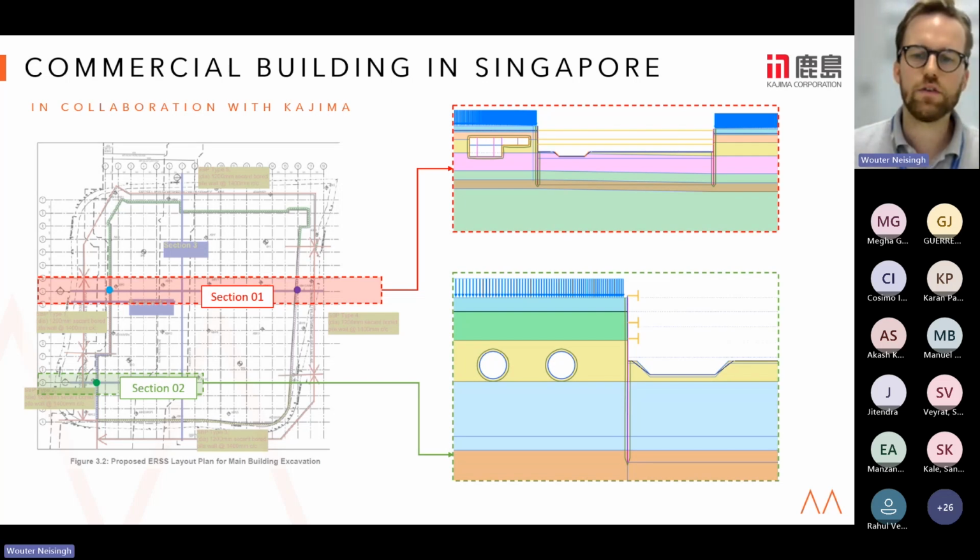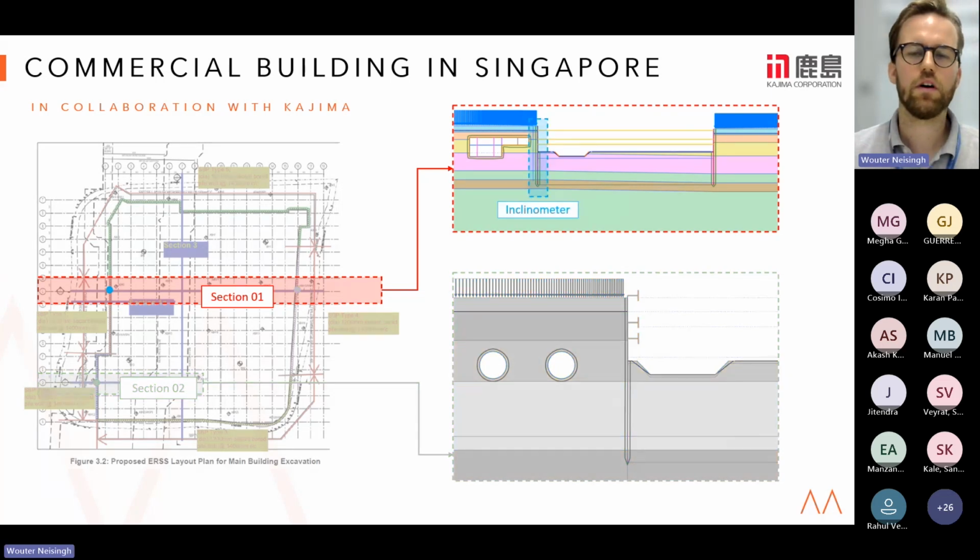At the left side, you see a top-down view of the construction and excavation site with the two sections in more detail. On the top right, you see section 1. The left part there in the underground is a subterranean structure used for transportation and parking. And the second section, as I said, is the tunnel cross-section.